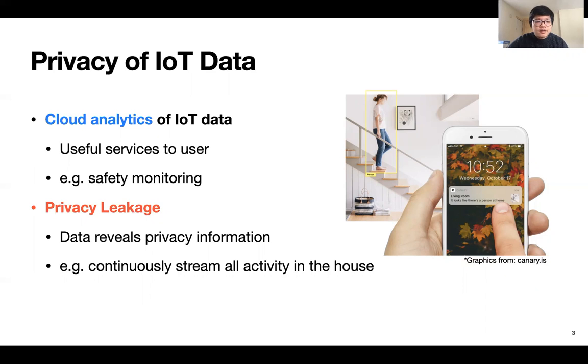It can send an alert if it detects any intruder when you are not at home. But you can also clearly see that this data reveal our private information. For example, the data that upload to the server from the camera can reveal who is at home and at what time.